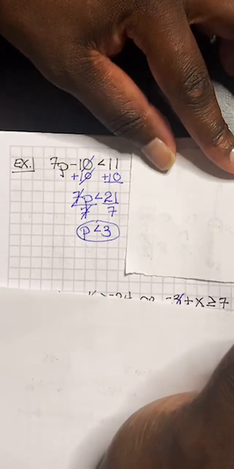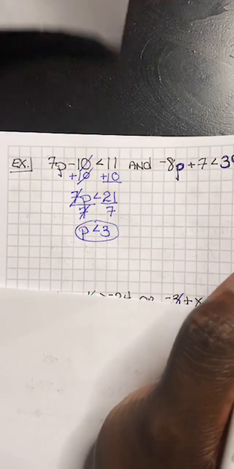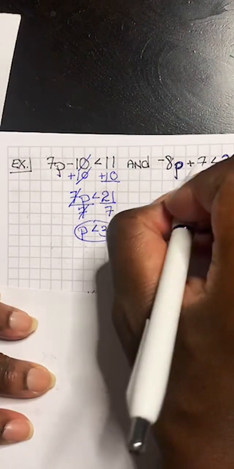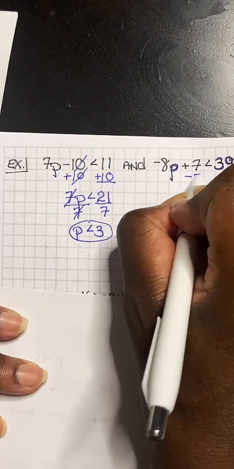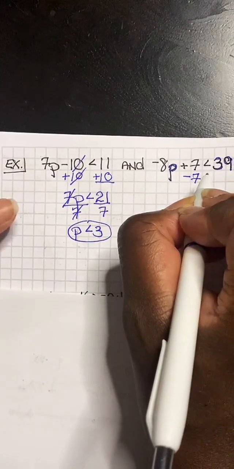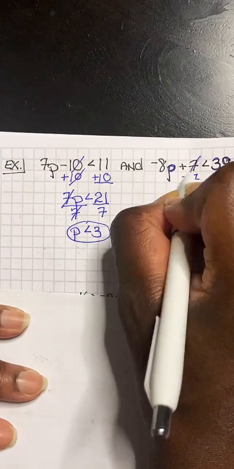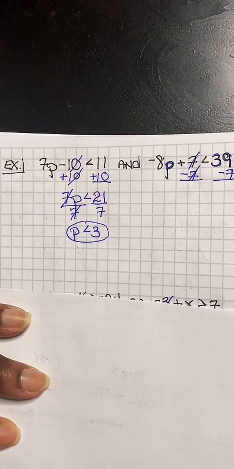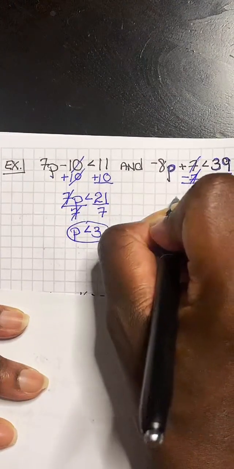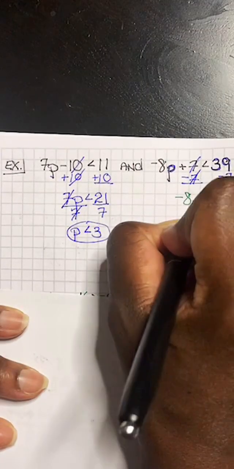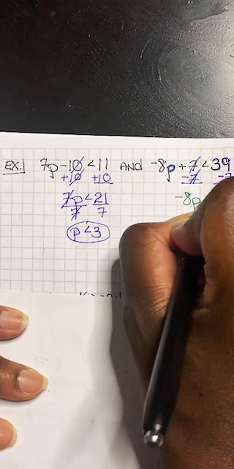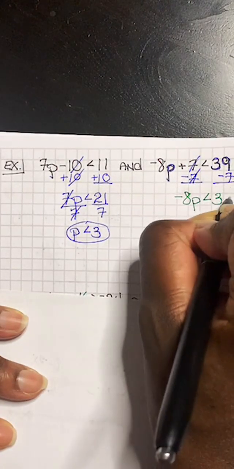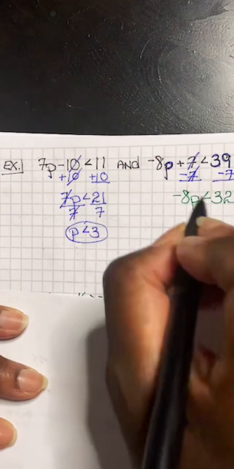Okay, yay. Then we come to the other side. We subtract our 7. Let's change colors with this one. Sorry. So we have negative 8p is less than 32.